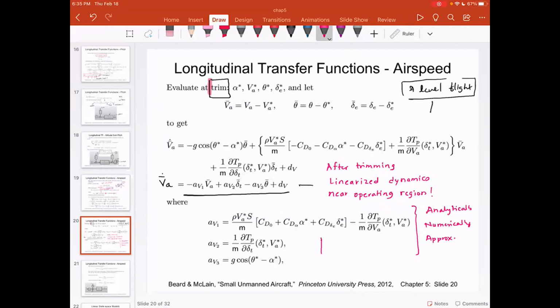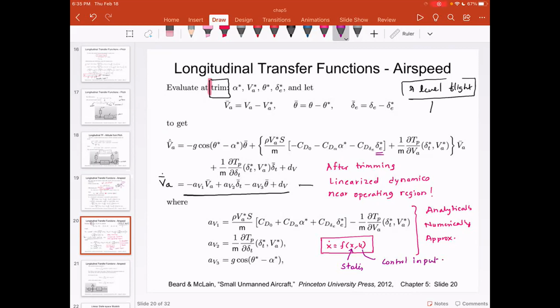So here is what's going to happen. You have this nonlinear system, x dot is equal to f of x comma u, where x are the states and u is the control input. If you look at this equation, say for an example, delta E is the control input, and VA and other terms are the states.